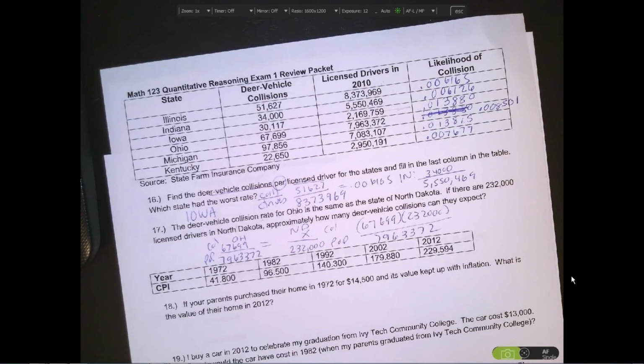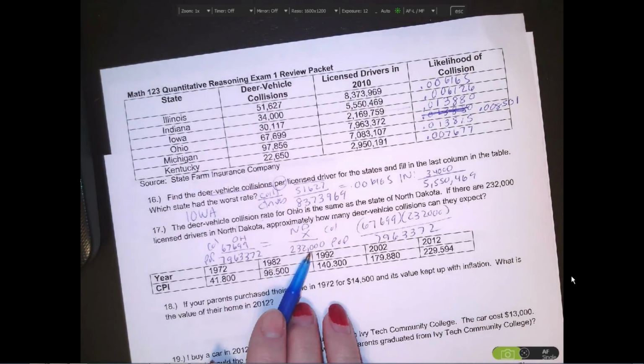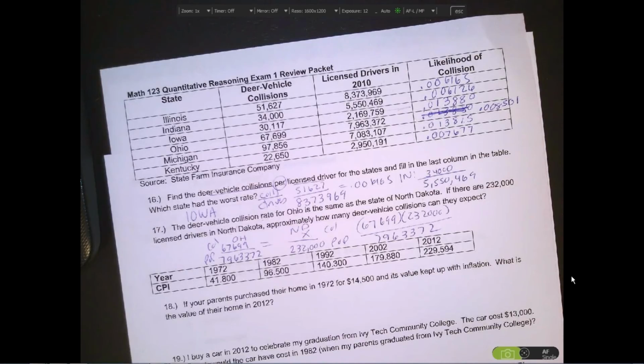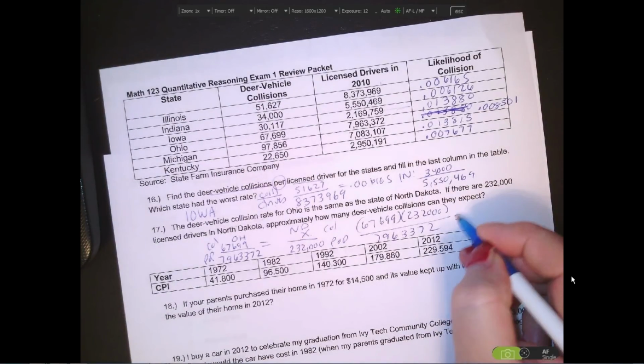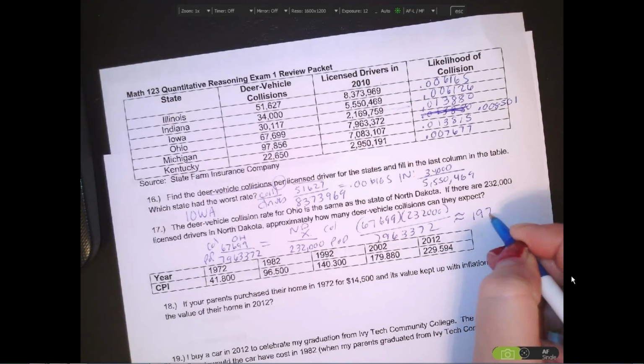And I left something off here. Let me check my numbers again. There we go. And it's going to equal about 1,972 collisions.